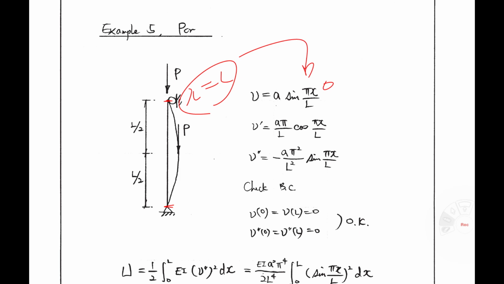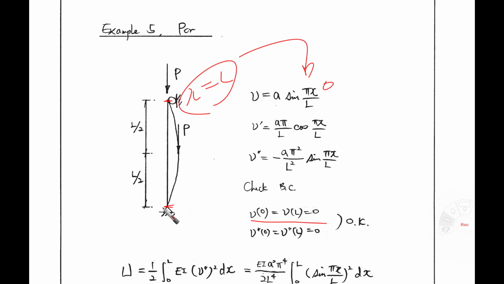Displacement is 0, right? So the boundary check is satisfied for displacement, and then you can calculate v prime, v double prime. v double prime 0. What does that mean? v double prime means the moment. 0 means the moment at the base equals 0. Why? It is a hinge. So if you input 0 instead of x, sine 0 is 0.